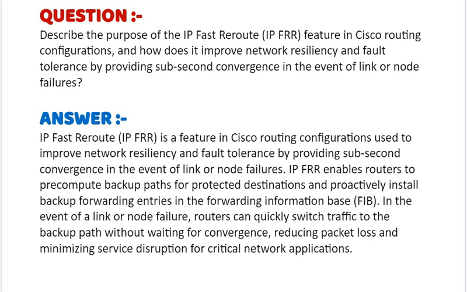IPFRR enables routers to pre-compute backup paths for protected destinations and proactively install backup forwarding entries in the Forwarding Information Base (FIB). In the event of a link or node failure, routers can quickly switch traffic to the backup path without waiting for convergence, reducing packet loss and minimizing service disruption for critical network applications.